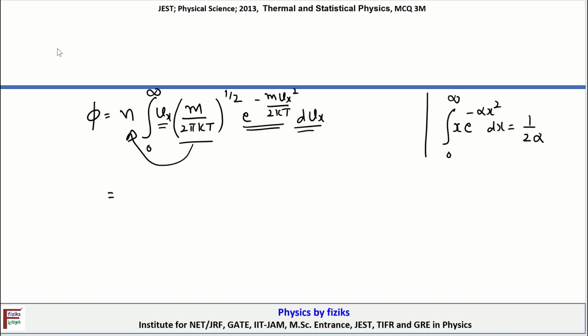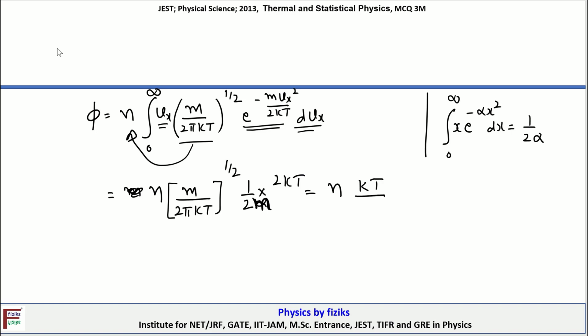So this comes out to be n, m upon 2 pi kT to the power 1 by 2, and then we apply the result 1 upon 2 alpha, where alpha is m upon 2kT. Upon solving, it will give us n times kT upon 2 pi m, under root.